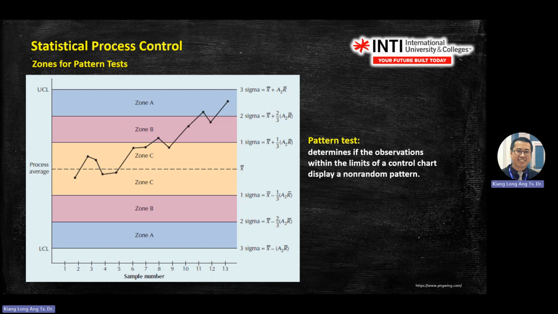On the top of the mean is positive, below the X double bar is negative. Then you increase to zone B. Zone B is plus 2/3 A2 R bar, positive on the top, negative below. Then the maximum one is 3 sigma. 3 sigma is A2 R bar.